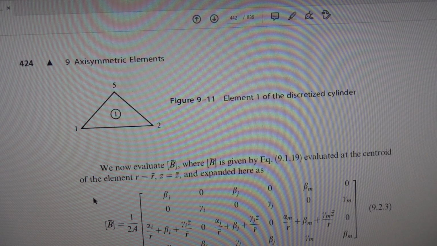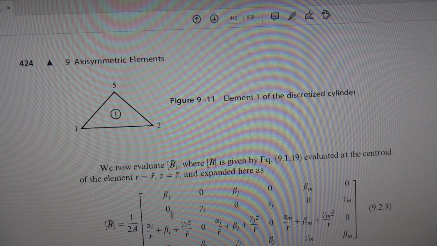In this case, when you find the strains, this one is epsilon r, epsilon z, this one is epsilon theta, and this one is gamma rz. But if you change the order, then the D matrix will change. So take care when you write at these positions, then you have to rearrange the D matrix. I have done this in the notes.